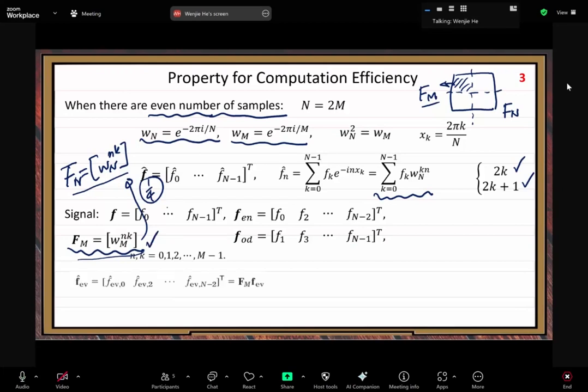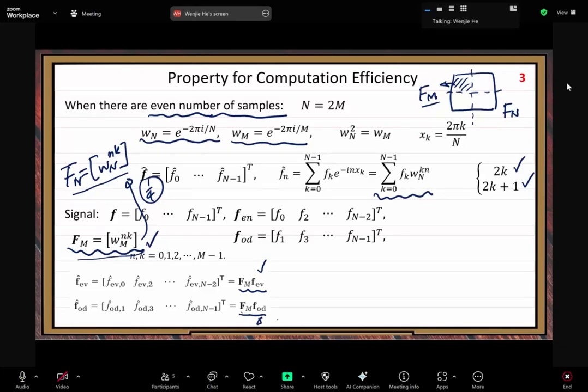The first operation is a matrix multiplication: capital F M times the even part of the sampling values. Then the second one, F M times the odd sampling values.